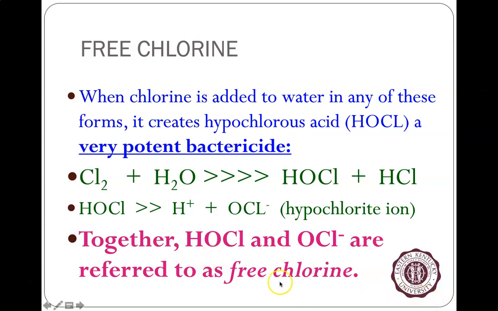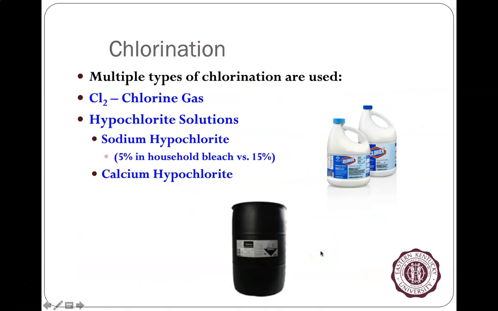And then as you do disinfection, lower pH allows for adequate disinfection to happen more quickly. But when the pH is in the 7 to 7.5 range or 7 to 8 range, you're not talking about huge differences here. So both are adequate. Together, the hypochlorous acid and the hypochlorite ions are free chlorine.